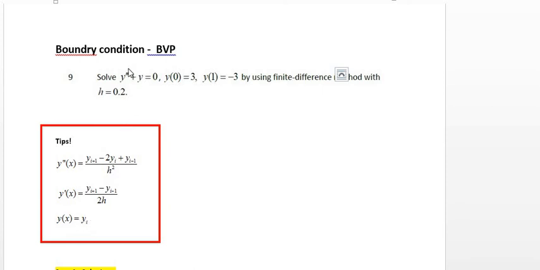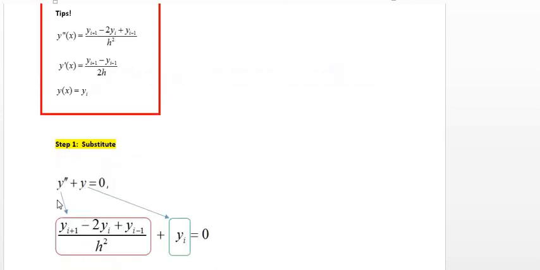In this case we have y double prime, so we will use this one, and only y, so we will use this one. So we replace y double prime with this equation and y with this equation, and this is equal to 0. So that is the first step. Just replace exactly the same, and plus y using this equation inside here, and then put 0 here.